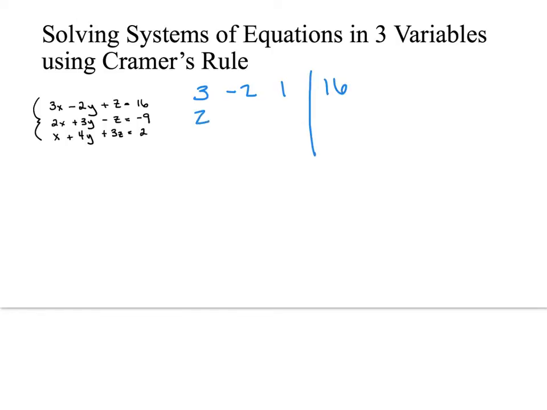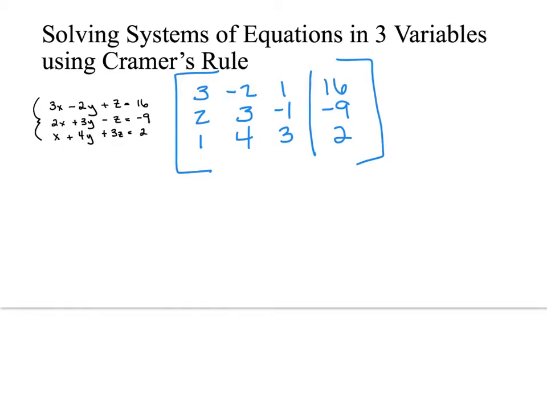And then the second row, 2, +3, -1, and -9, and then 1, 4, 3, and 2. So this is our original matrix for this system of equations in 3 variables.